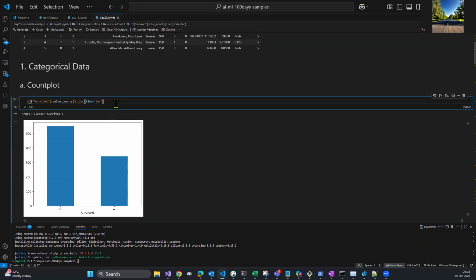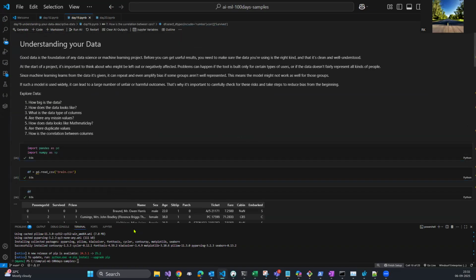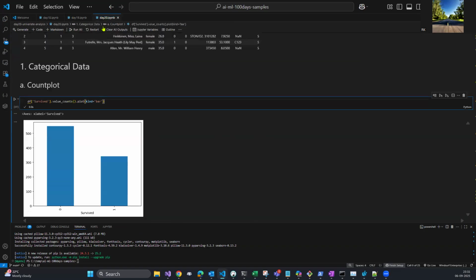One was the numerical way of describing the data, and next we are going to understand how we can do the exploratory analysis in a visual way. We will be doing some graphical representation of data and looking around and doing the analysis. That's where one option for categorical data is, you can use a count plot.